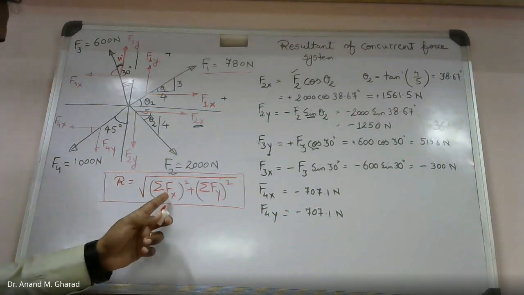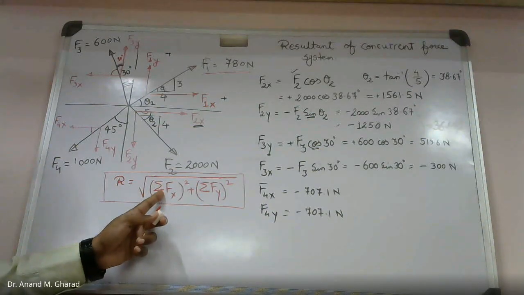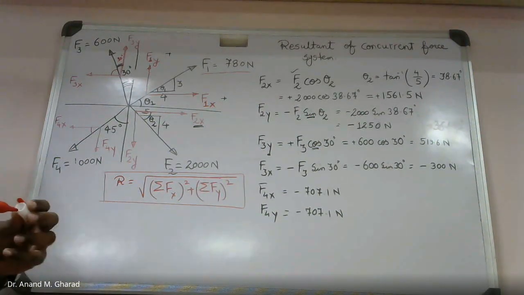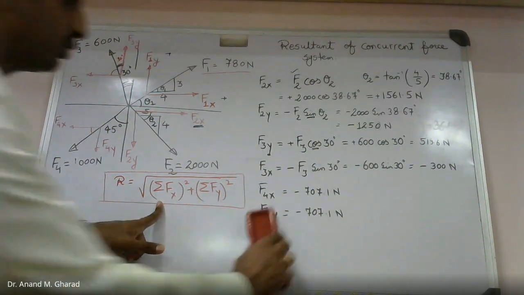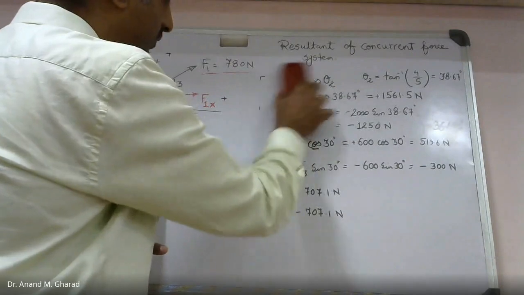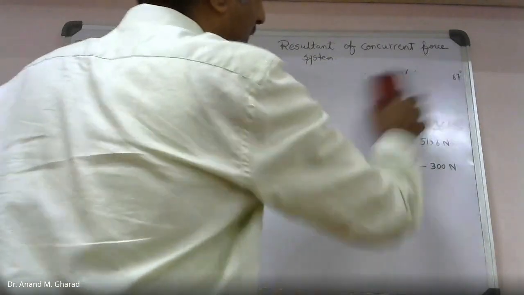To achieve this, firstly we will calculate the summation of forces in the x direction and in the y direction. Be careful while calculating these. I hope you have noted down all the values. Please let me know what the values will be.